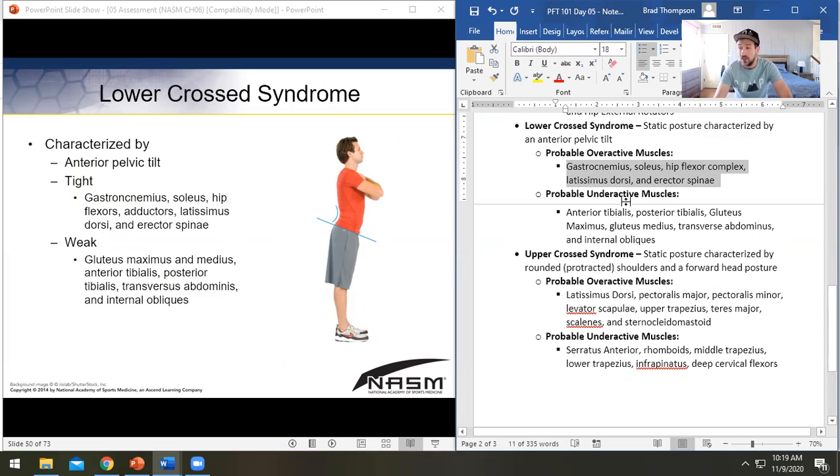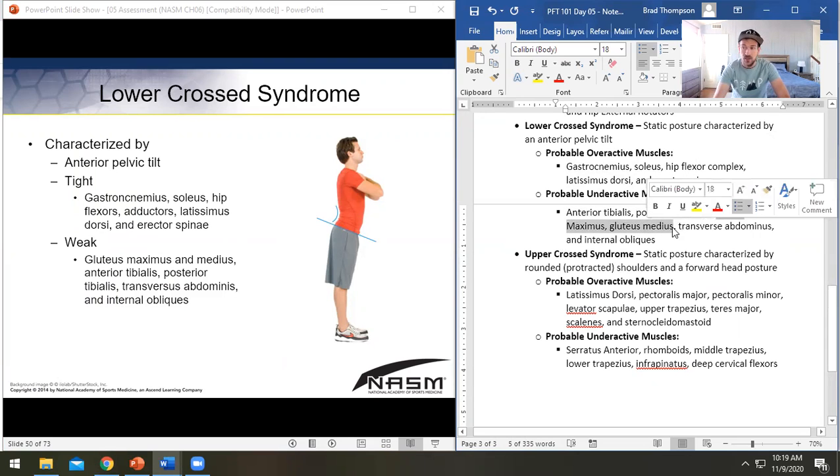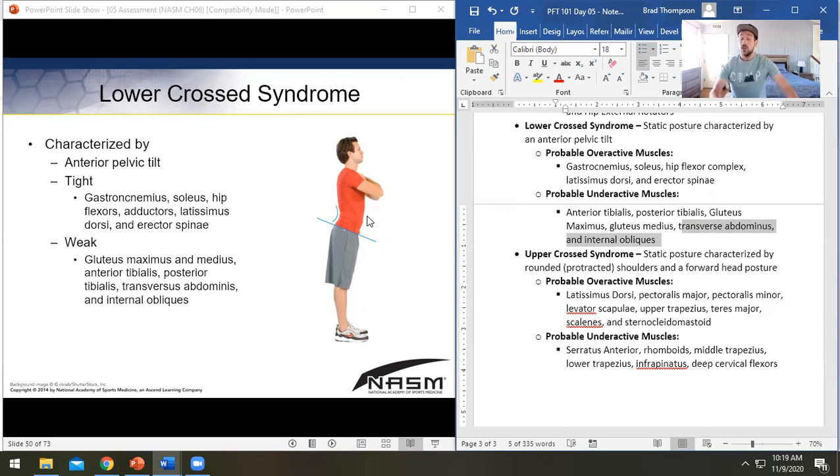Our weakened muscles, we're just going to jump to the other side of the joint. The calves are overactive, so it's the shins that are underactive. The hip flexors were overactive. It's the glutes that are underactive, right? And then the transverse abdominis and the internal obliques are underactive. Those are your abdominal stabilizers.